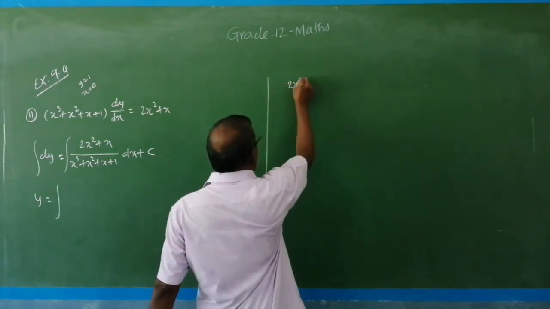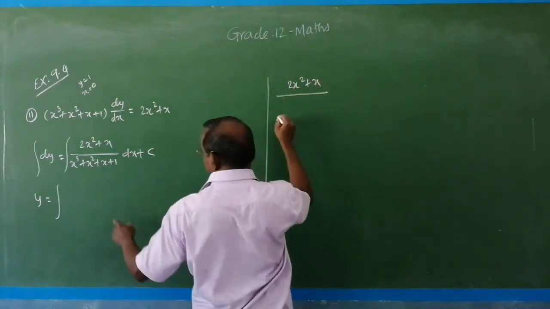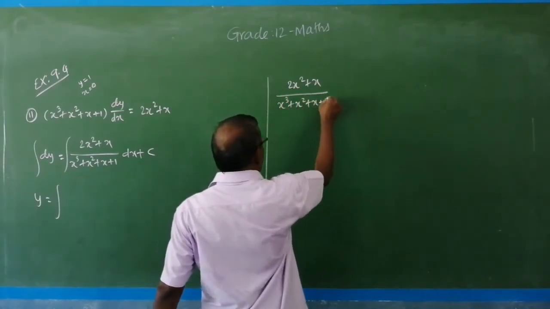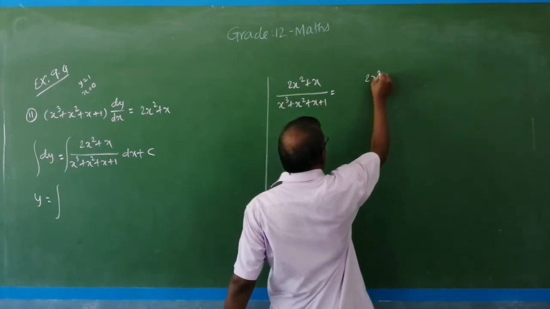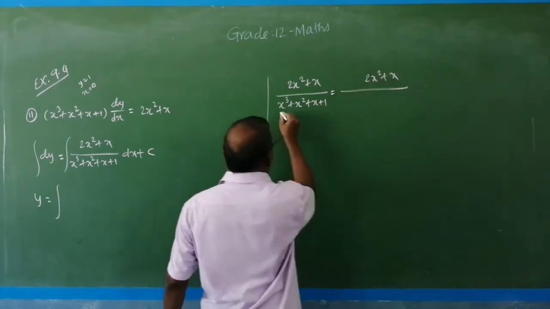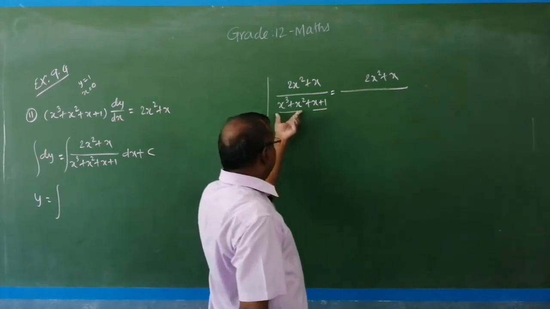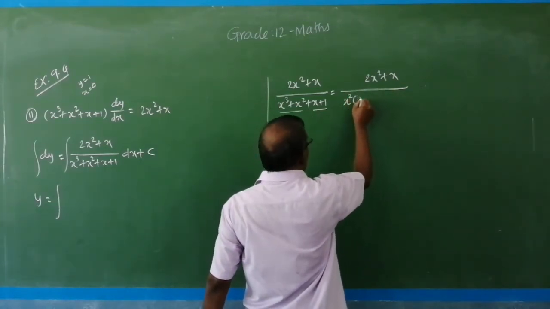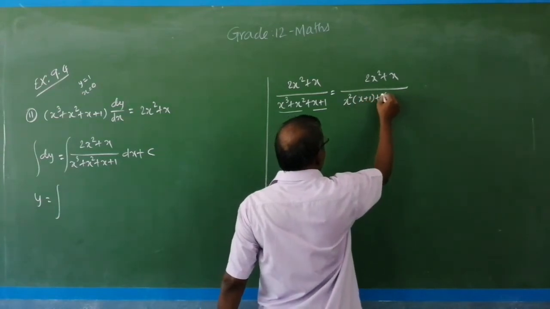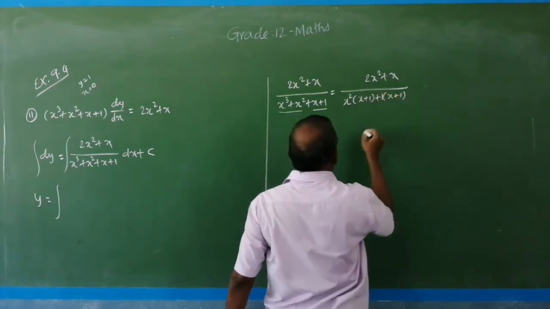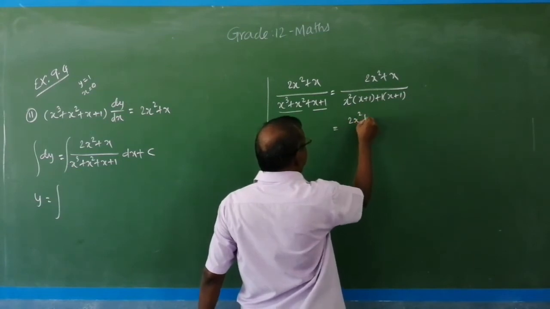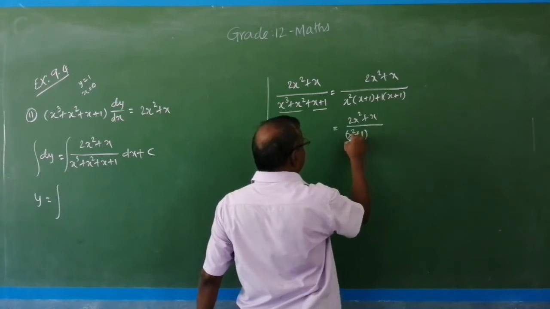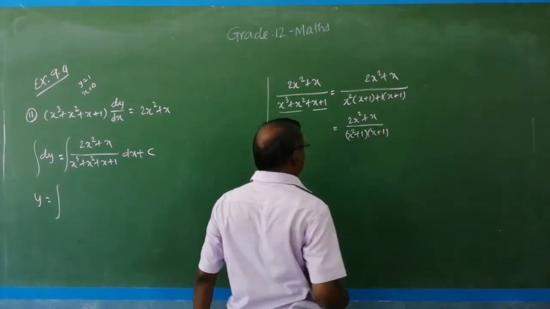Here 2x square plus x divided by x cube plus x square plus x plus 1 equals 2x square plus x divided by, taking x square common in these two terms and 1 in the other, x square into x plus 1 plus 1 into x plus 1. So this is equal to 2x square plus x divided by x square plus 1 into x plus 1.